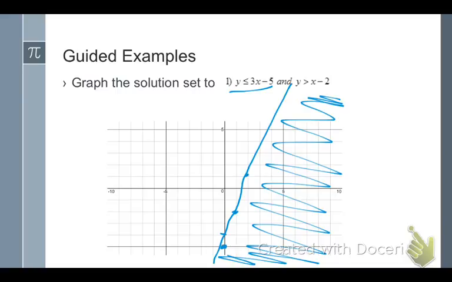And in red, I'll do the other inequality, x minus 2. Now this one I have to make a dashed line. It has a slope of 1, so I go up 1 over 1, but I have to do a dashed line.